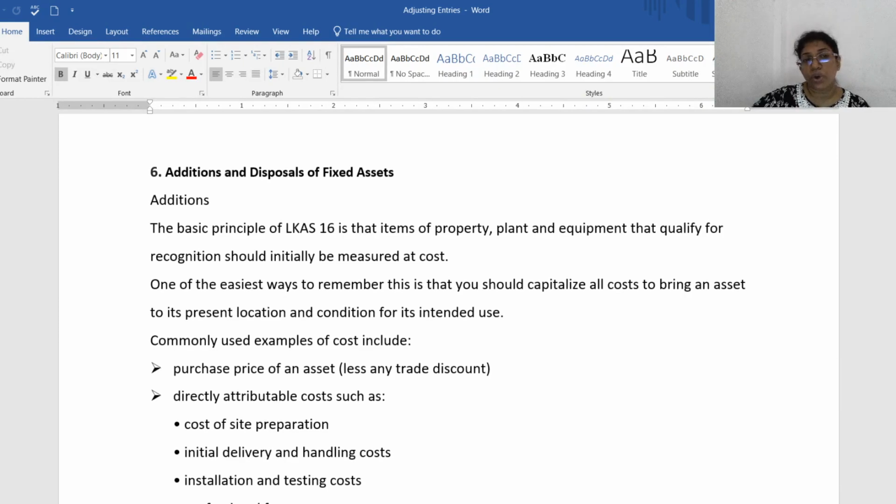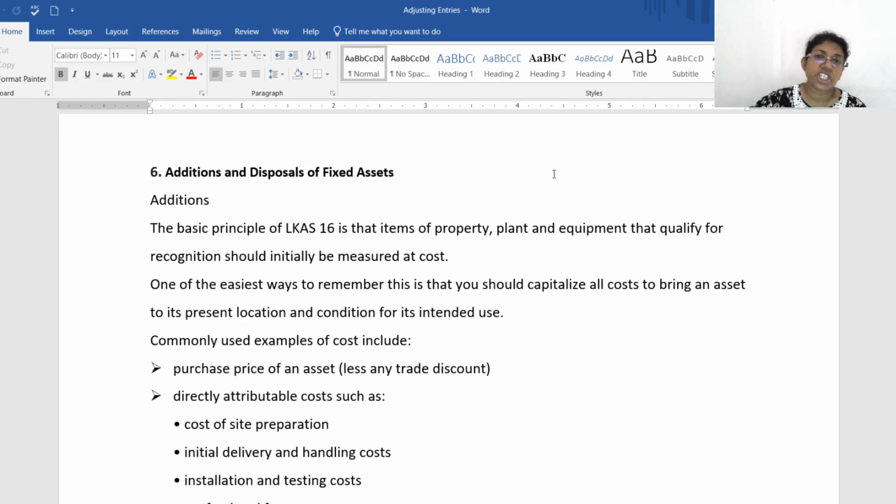So next we are going to look at additions and disposals of fixed assets. When companies are growing, they cannot stand along with the old assets, so they have to buy more assets for expansion purposes. According to the LKAS 16 Property, Plant and Equipment standard, we have to recognize it based on the initial measurement cost.